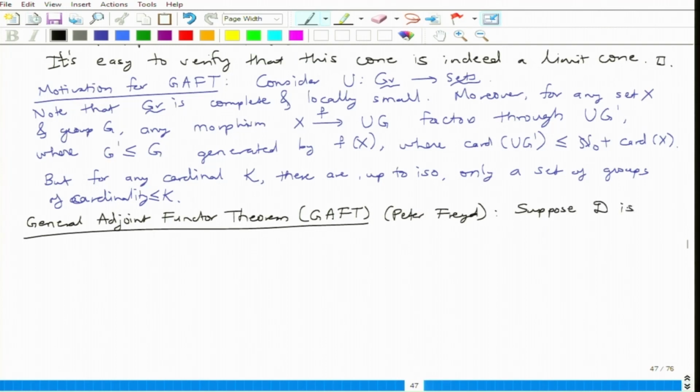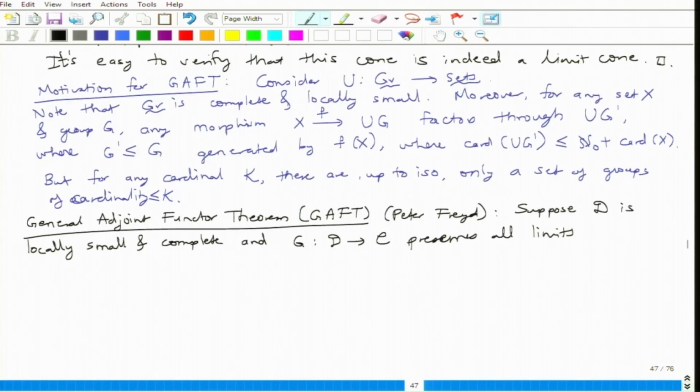So suppose D is locally small and complete, and I'm just following the blue letters. It's locally small and complete, and G from D to C preserves all limits, meaning it's continuous.